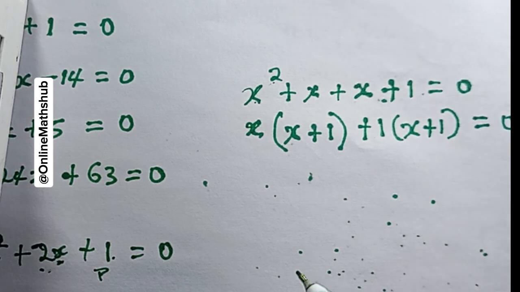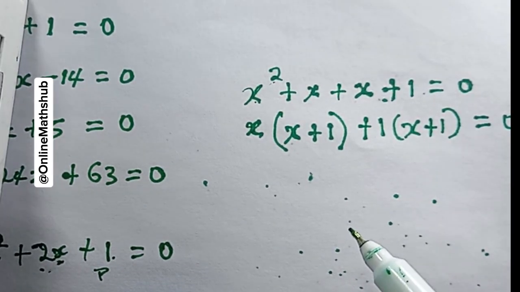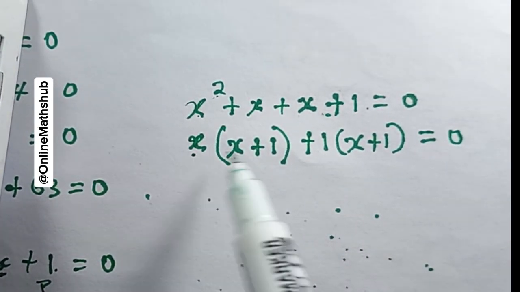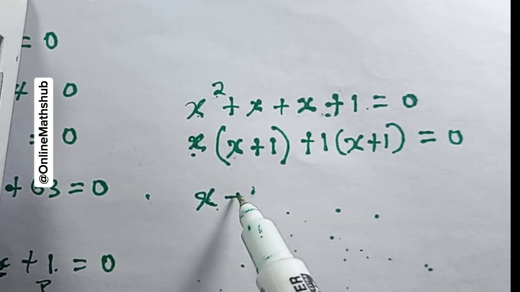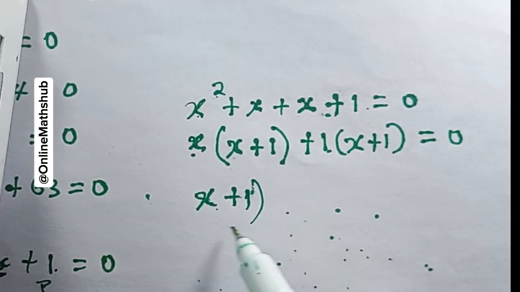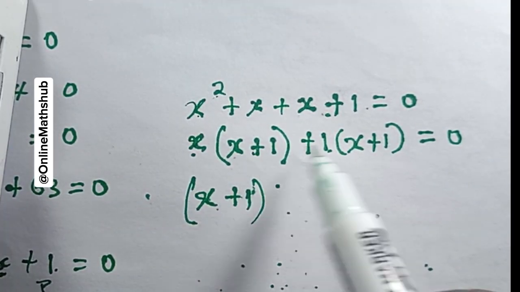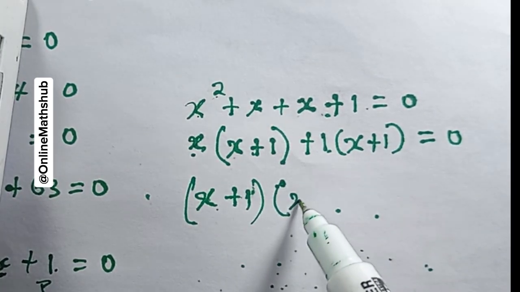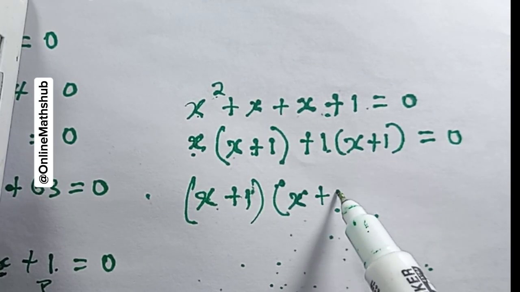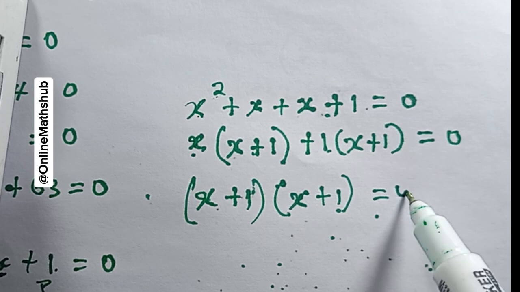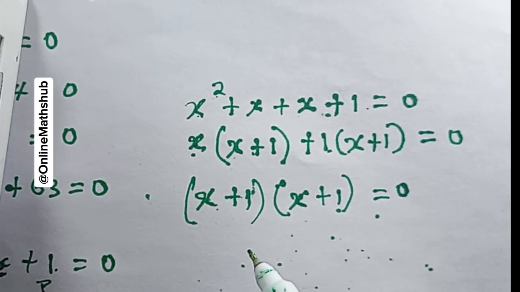Okay, so this is what you have, and at this point you can go ahead to pick x plus 1 here, and then you pick the other bracket, x plus 1, and this is equal to 0. You can see that what we've got here is a product of two terms which is equal to 0.